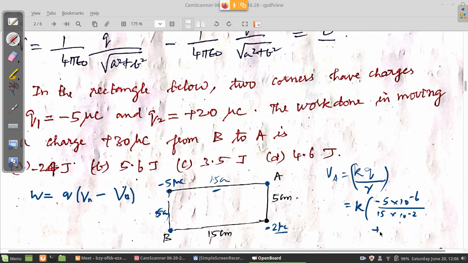So you will write +2 into 10 power minus 6 divided by that distance, which is 5 into 10 power minus 2. So this is how you got the potential at A. Similarly, you please get the potential at B and tell me the potential difference, and finally you can calculate work done based on that.